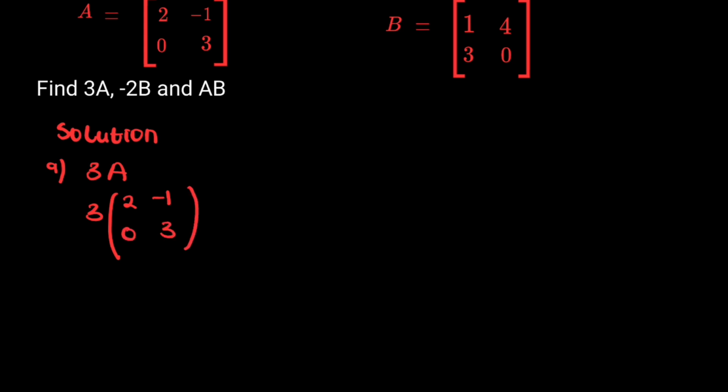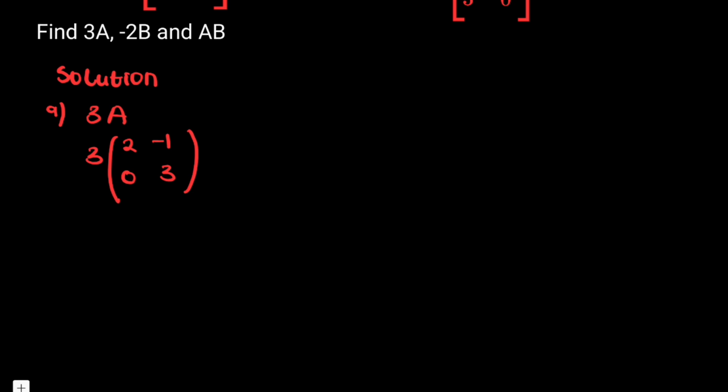So to multiply this, we are going to multiply the scalar, which is 3, by every element in the matrix.